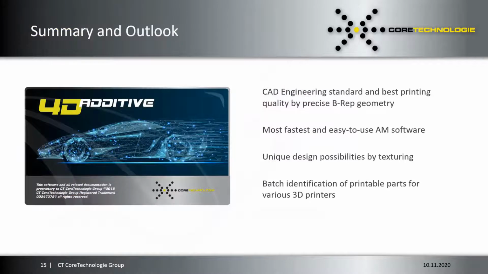To summarize the presentation, basically these new innovations and technologies are necessary for this AM market, and the outstanding technology for CAD engineering standard is to be able to read CATIA, NX, SolidWorks, STEP, and all these common CAD systems, which is integrated for the additive, also to ensure that you are able to process precise BREP geometries and also to export them for the printing and tessellation.